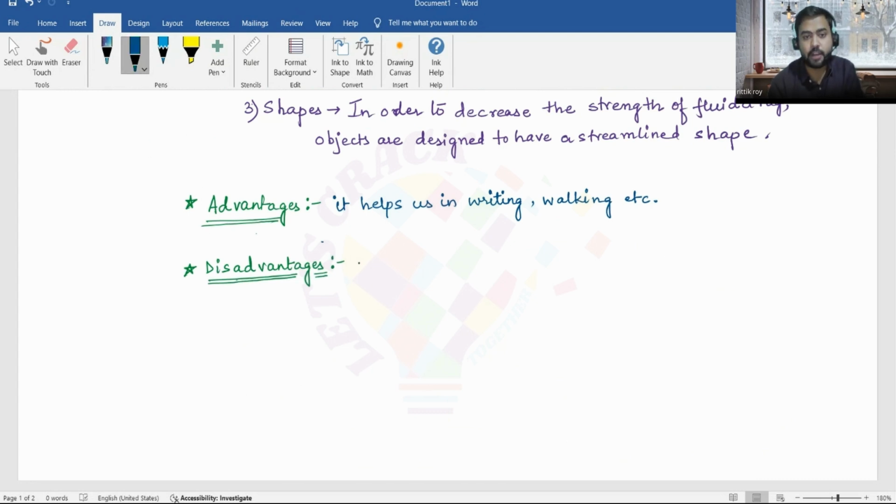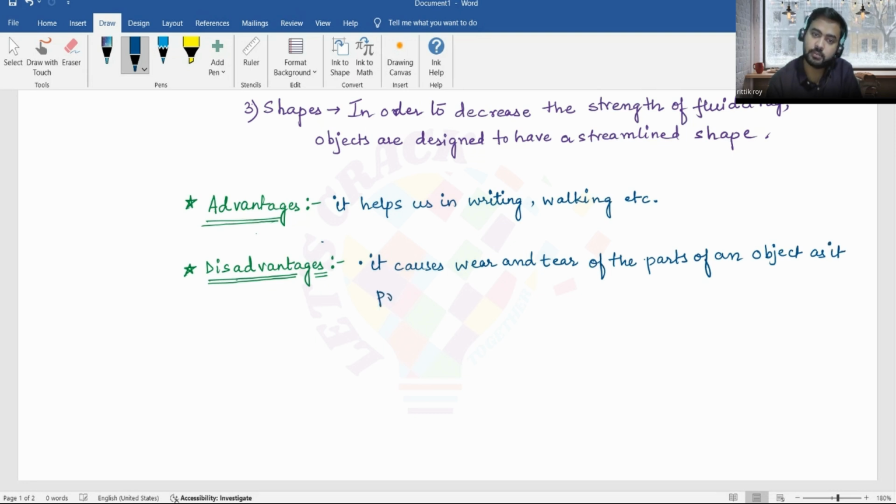The disadvantage of friction is that it causes wear and tear of the machine parts, of the parts of an object, as it produces heat.